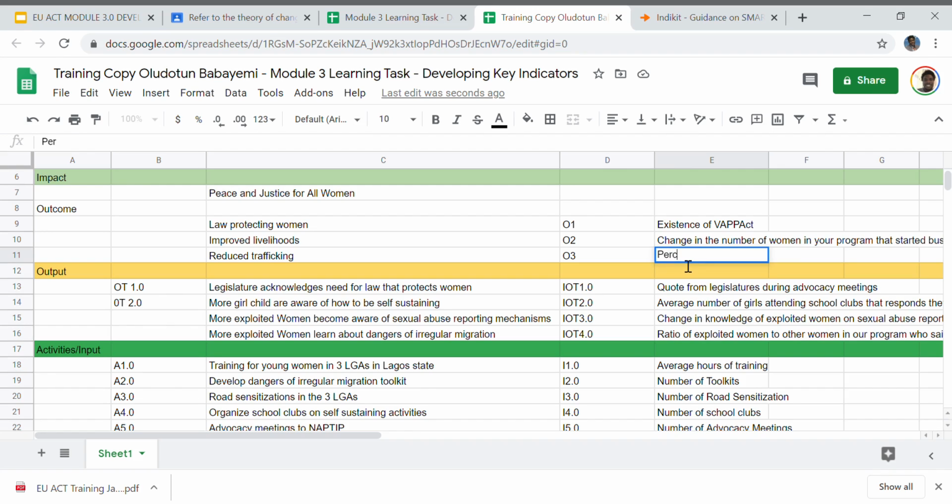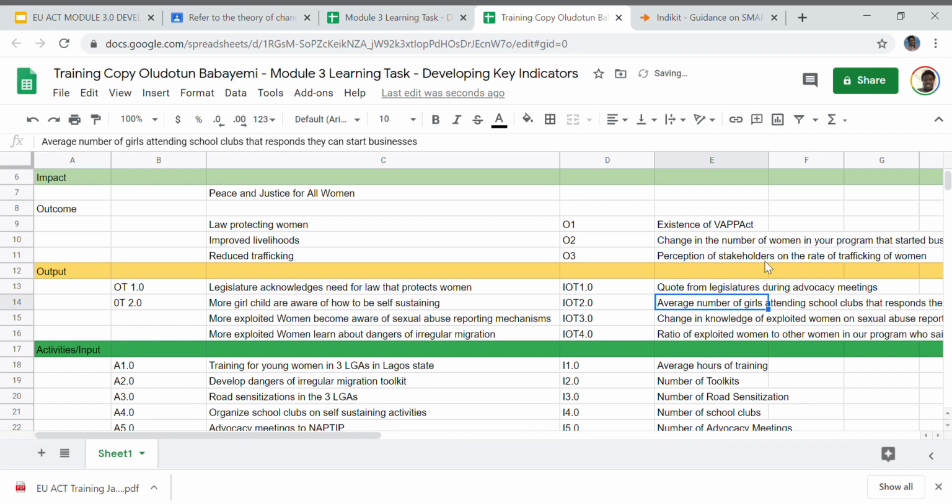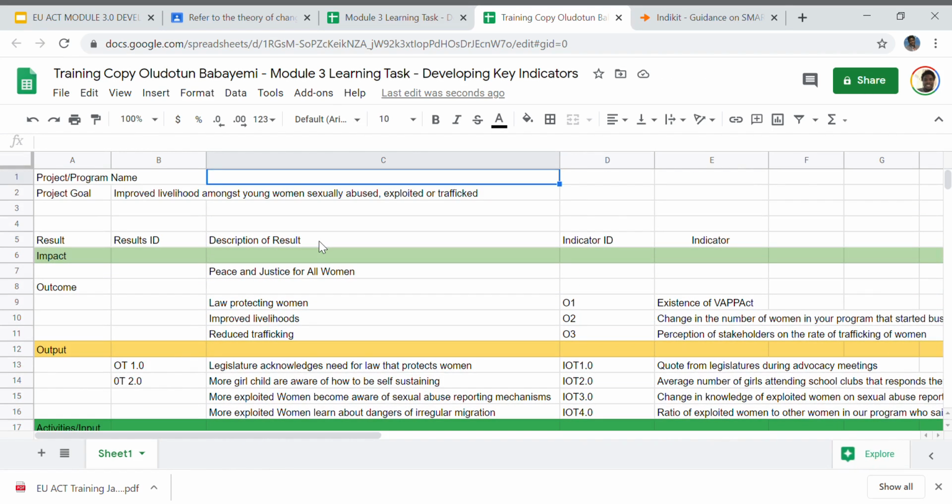So you could say perception of stakeholders on the rate of trafficking of women, right? Remember that this is a tough goal.